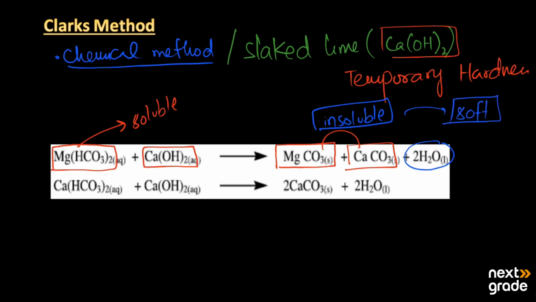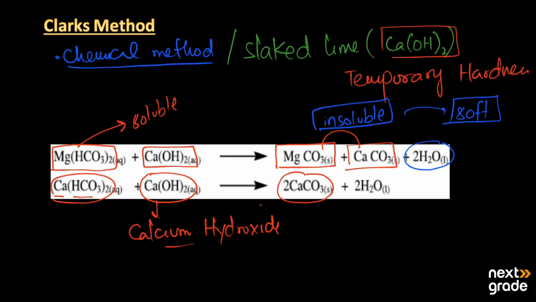On the other hand, if we have the bicarbonate of calcium, its formula is Ca(HCO3)2, plus the slaked lime or calcium hydroxide. It makes calcium carbonate, which is insoluble in water, and also produces water molecules.